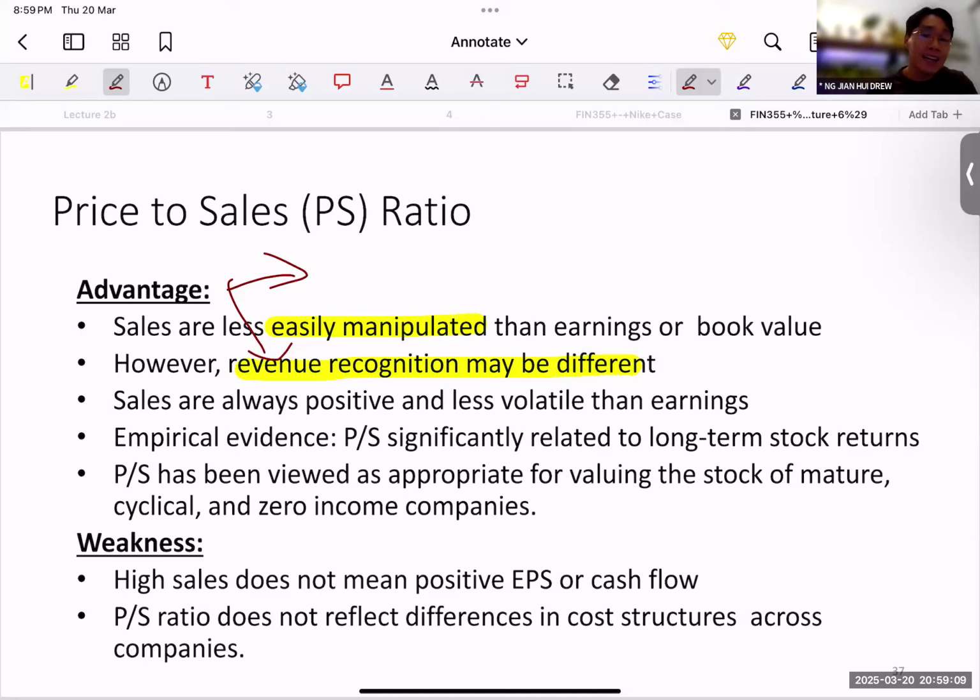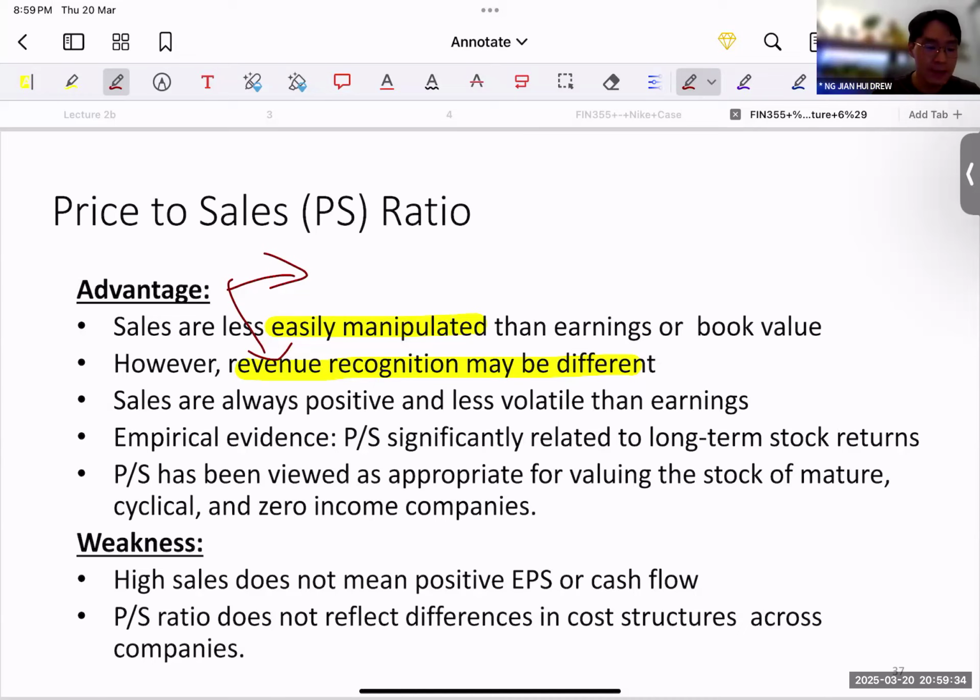So you're right, there's a bit of a gray area in recognition. And so for construction companies or companies that do large scale asset management or fixed asset construction, it becomes a bit tricky to determine when you recognize the revenue.